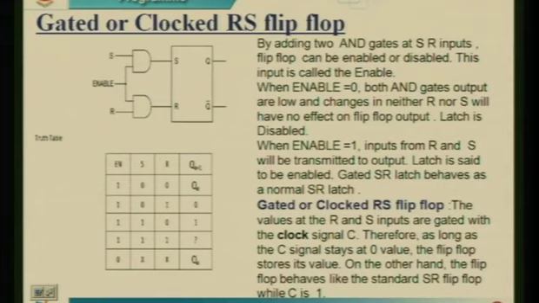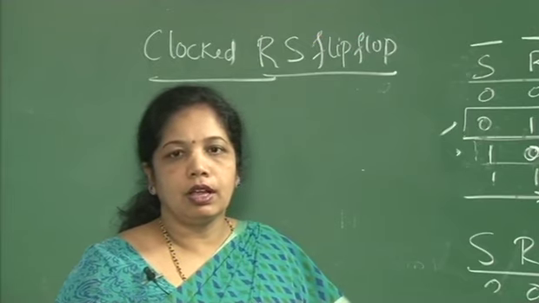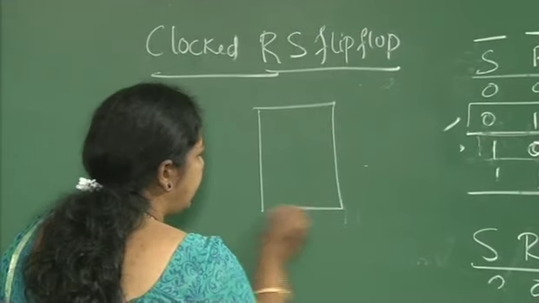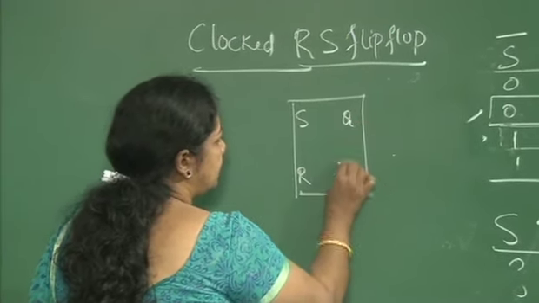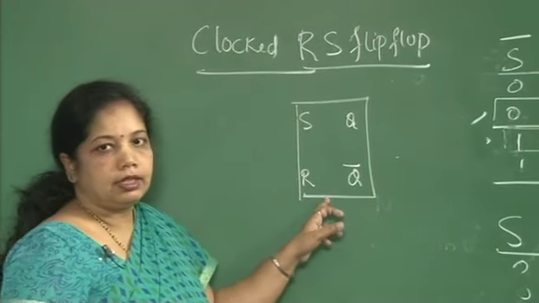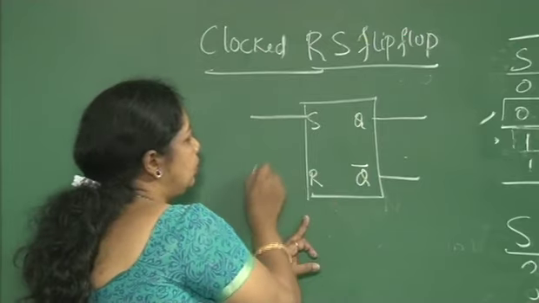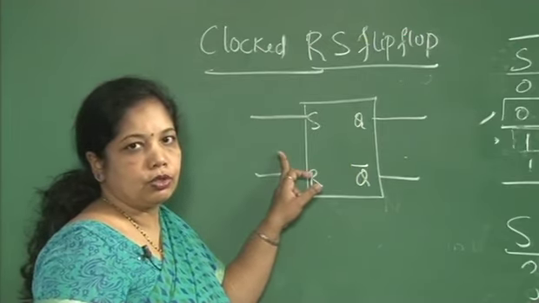As I said, it is clocked. For a flip-flop, we give an additional input, that is clock, other than the normal input. So the block diagram of the SR flip-flop or SR latch is written like this, where we have two inputs and two outputs. To this, additional gates will be used.